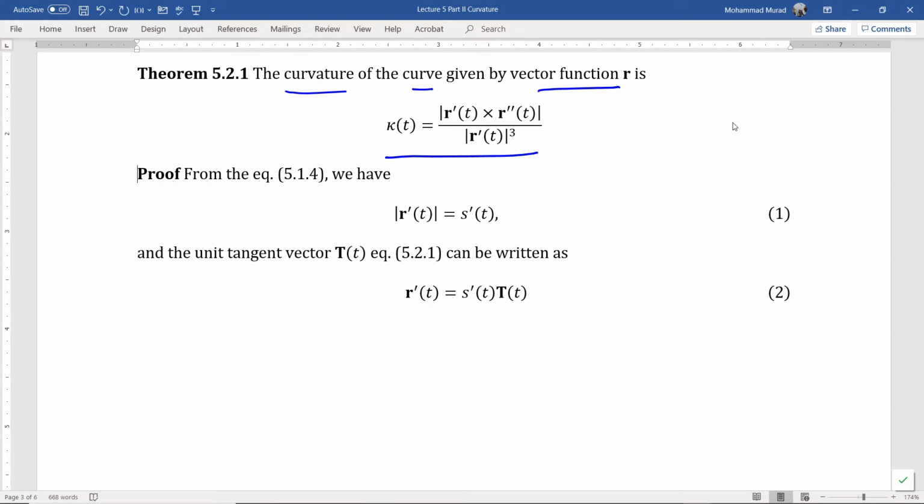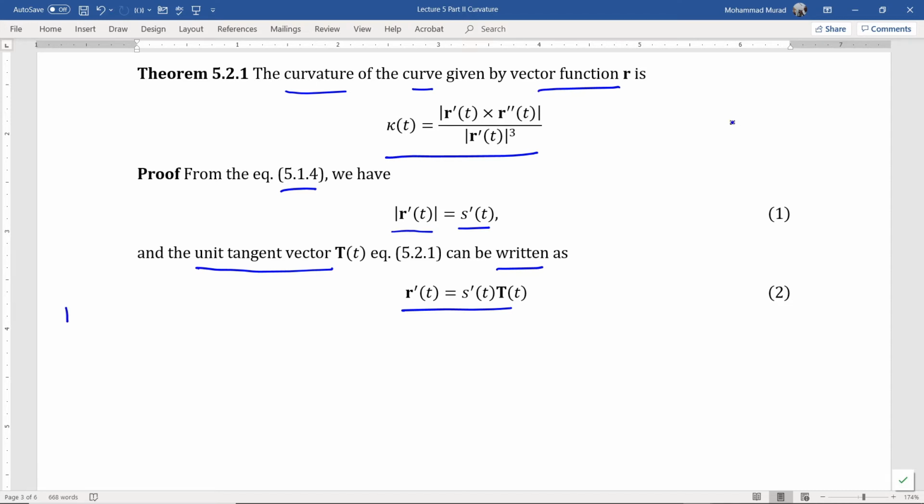From equation 5.1.4, we have the magnitude of the vector r prime equals s prime. And the unit tangent vector can be written as shown in equation 2.